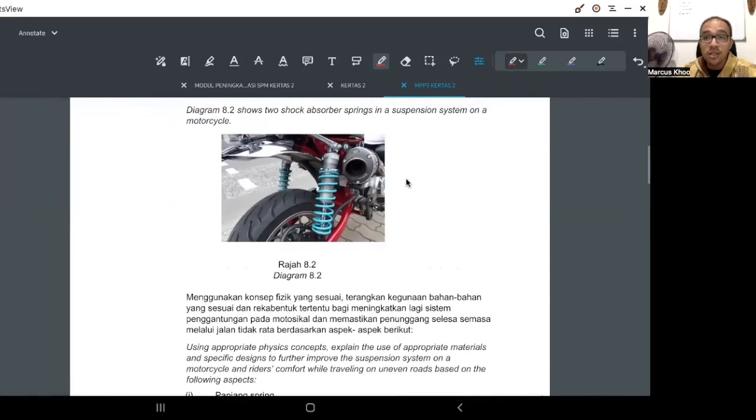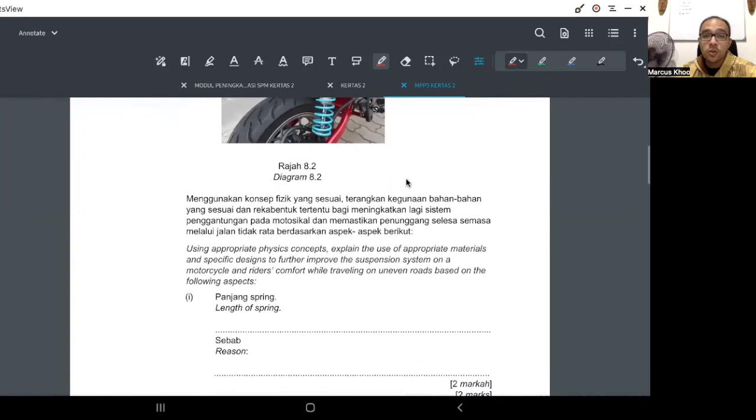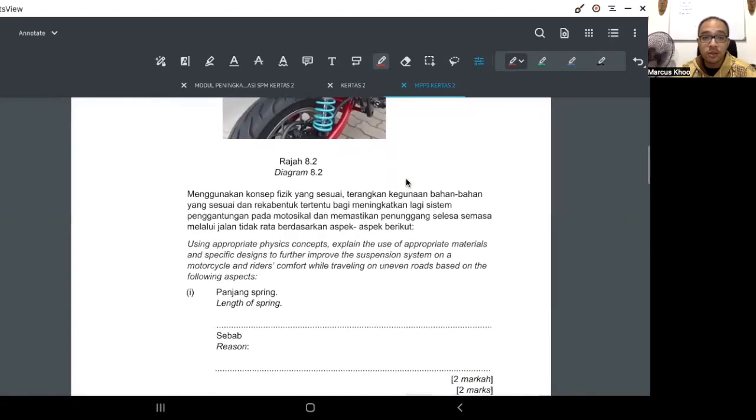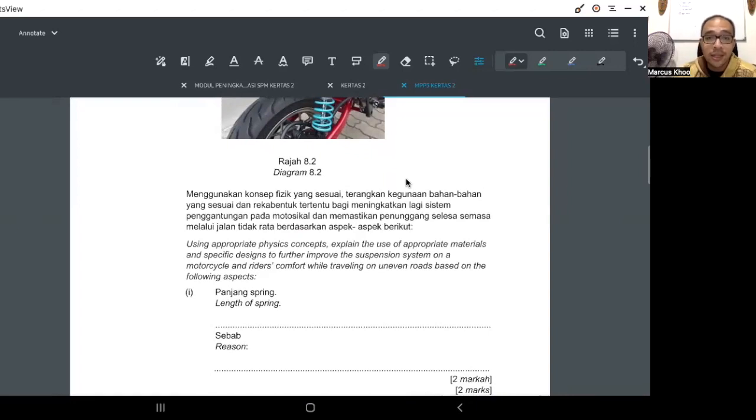So this is not just waves, but it is also Hooke's law. So usually we want a shorter spring, because the idea is that we want comfort while traveling on uneven roads.